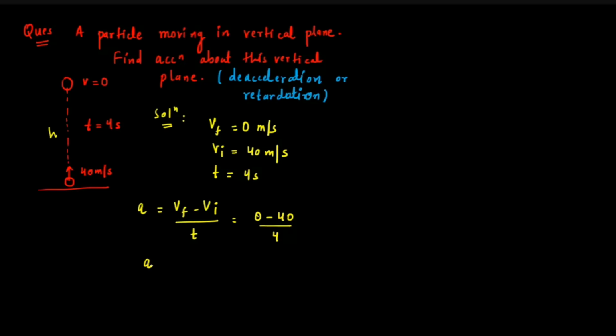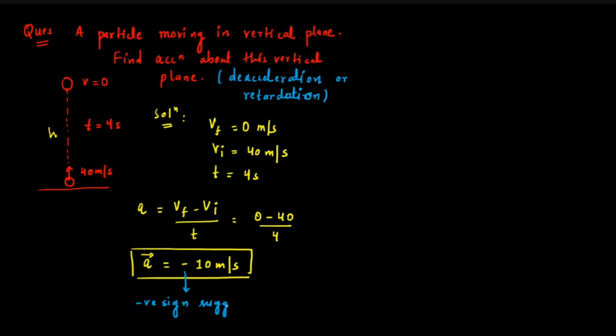Acceleration is coming out to negative 10 meters per second squared. Now this negative sign is ultimately giving us the direction. The negative sign suggests that it decelerates.